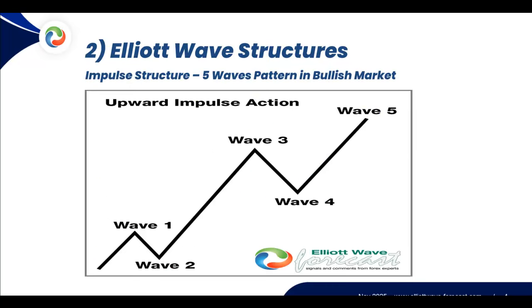Next, we're going to go over what an impulse is. An impulse is the main structure within the Elliott Wave theory. The main theory says that the market moves with the trend in 5 waves, and that when the 5 waves end, the market corrects in 3 waves.